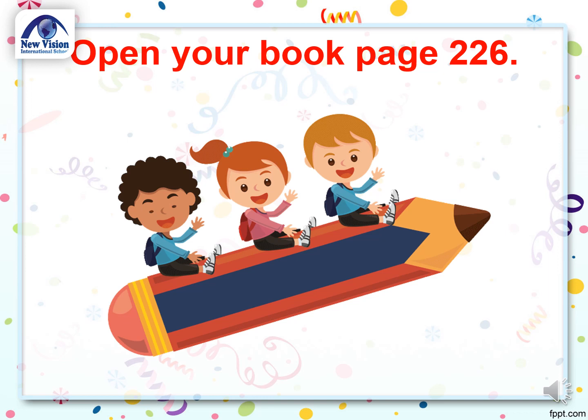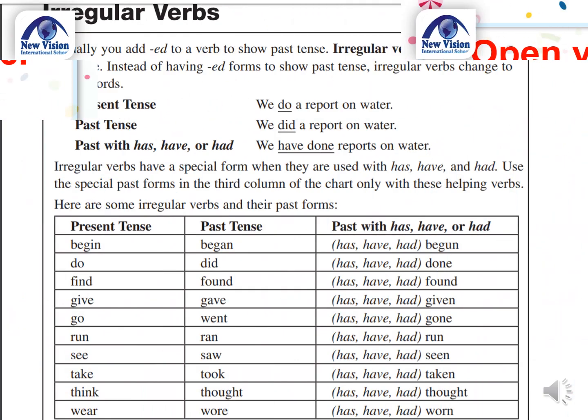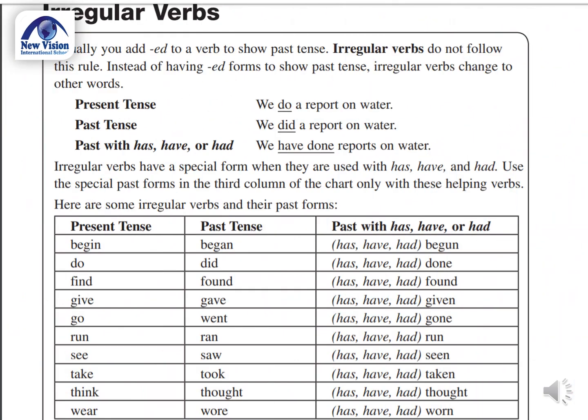Now, please open your book, page 226. Let's read the rule of irregular verbs in your book together. Usually, you add ed to a verb to show past tense. Irregular verbs do not follow this rule. So irregular verbs do not add d or ed to the end of a word to form a past tense. Instead of having ed forms to show past tense, irregular verbs change to other words.